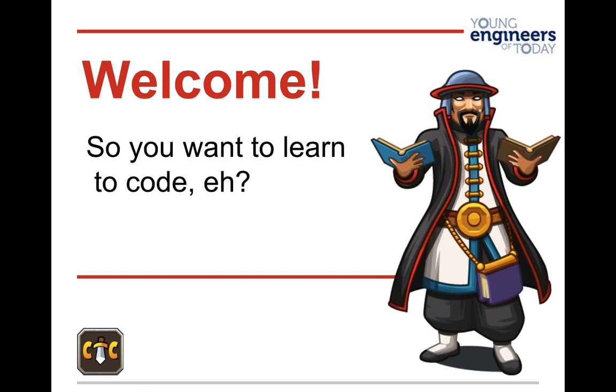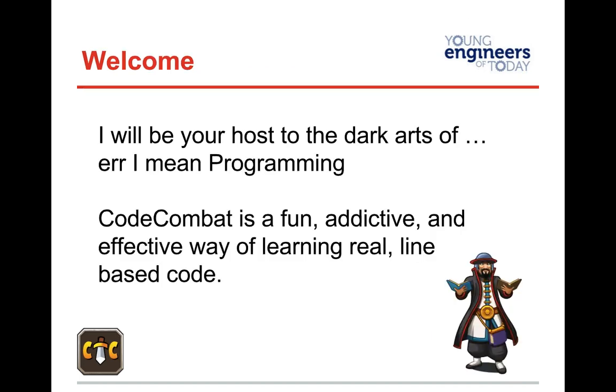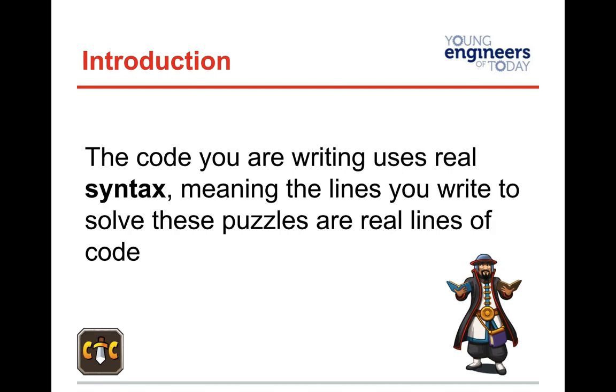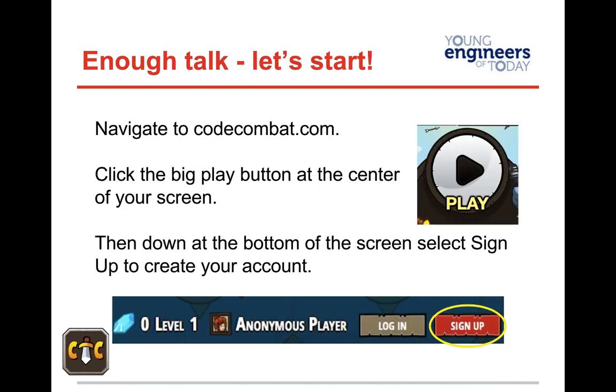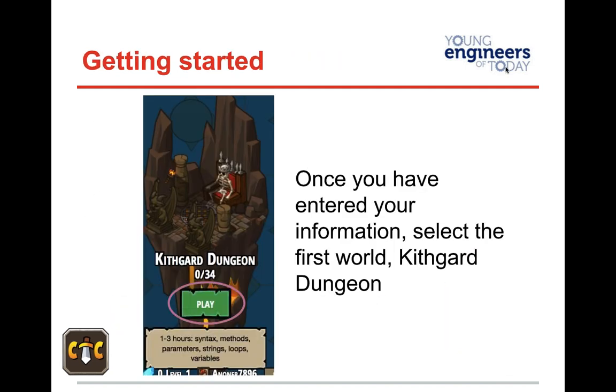So this is our little guide to Code Combat. And he's going to signal when we're learning vocab. So we use syntax, and syntax is kind of like the punctuation that you need in order to run a line of code.